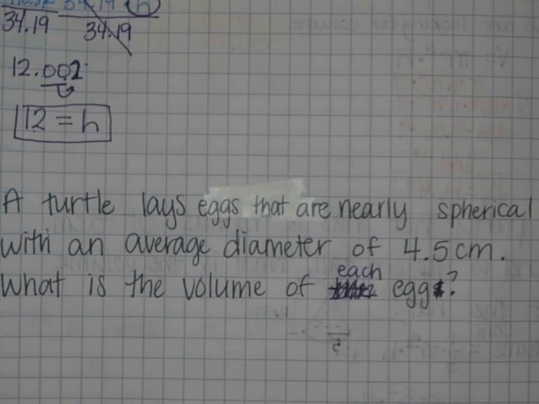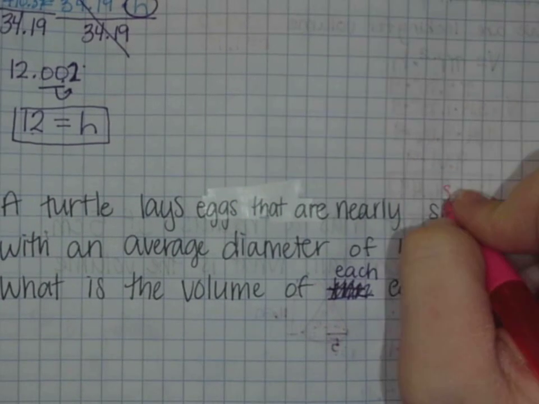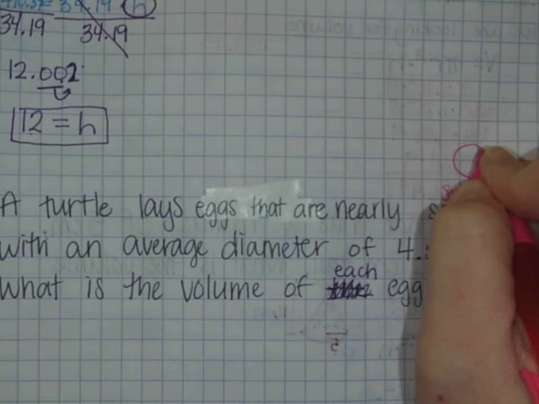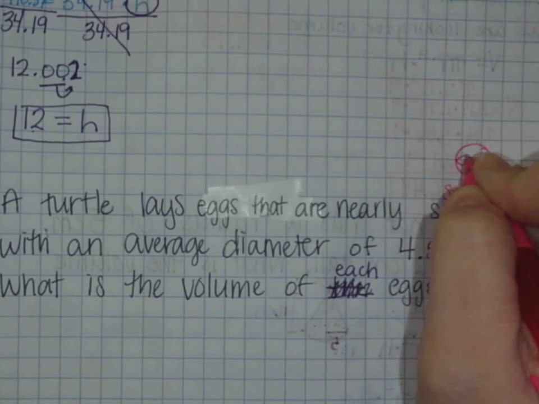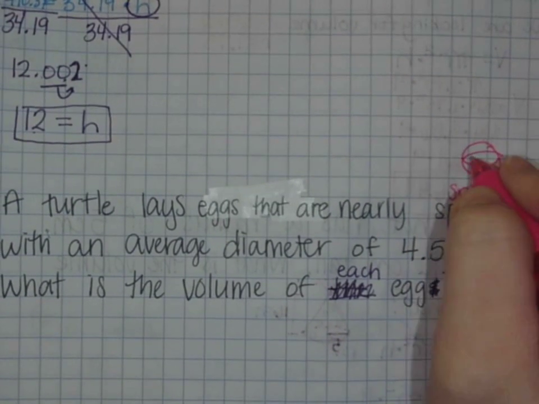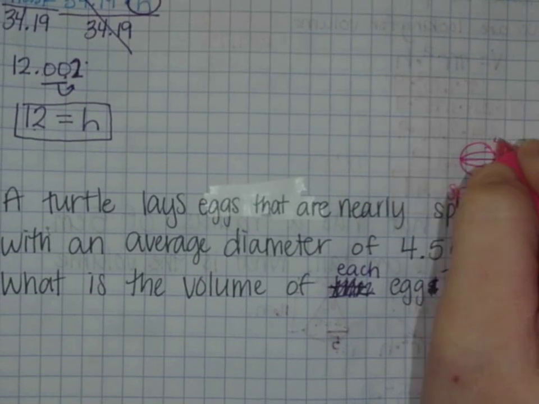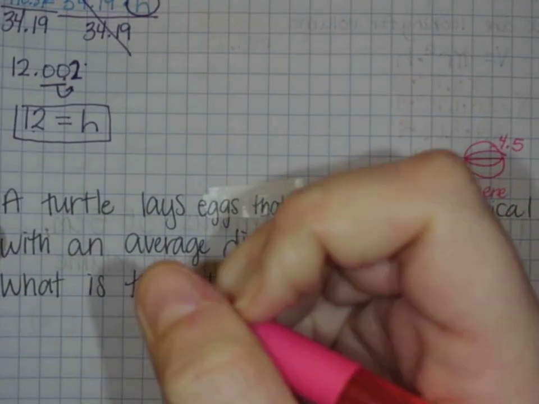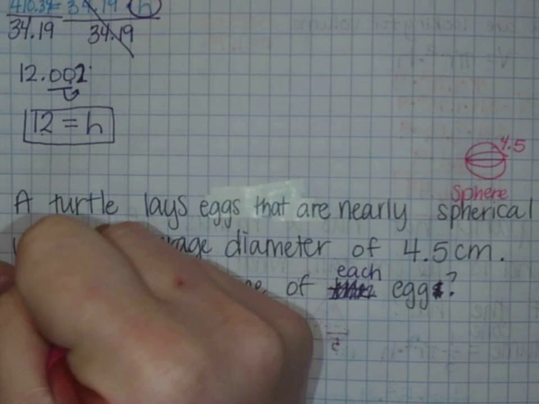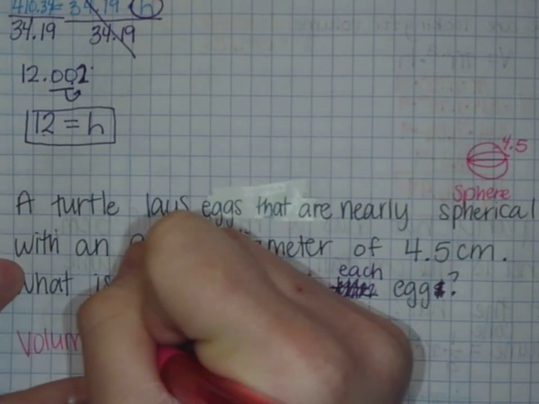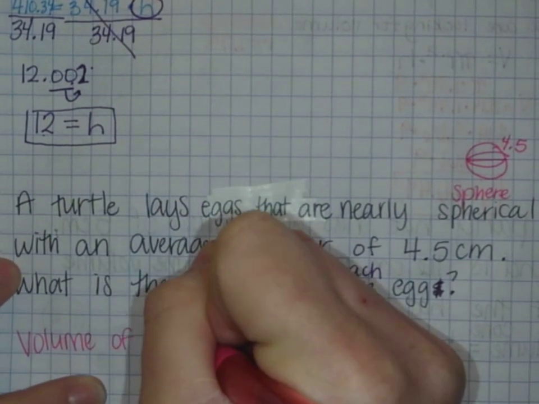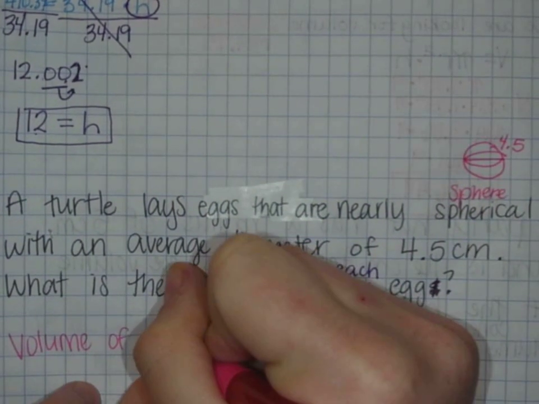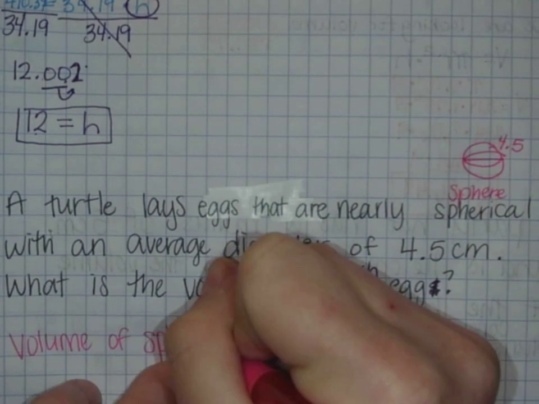Okay, so spherical is just a sphere or a ball. So if you think about a ball, it says it has a diameter of 4.5. So we're finding the volume of a sphere. Forgot the H, that's the problem.